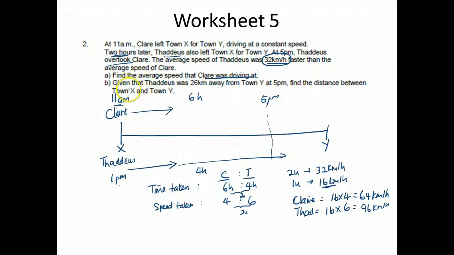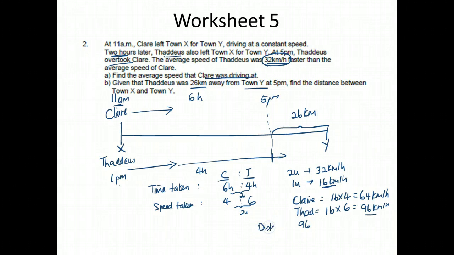Given that Thaddeus was 26 kilometers away from town Y at 5 p.m., find the distance between town X and town Y. So Thaddeus' speed is 96 kilometers per hour.